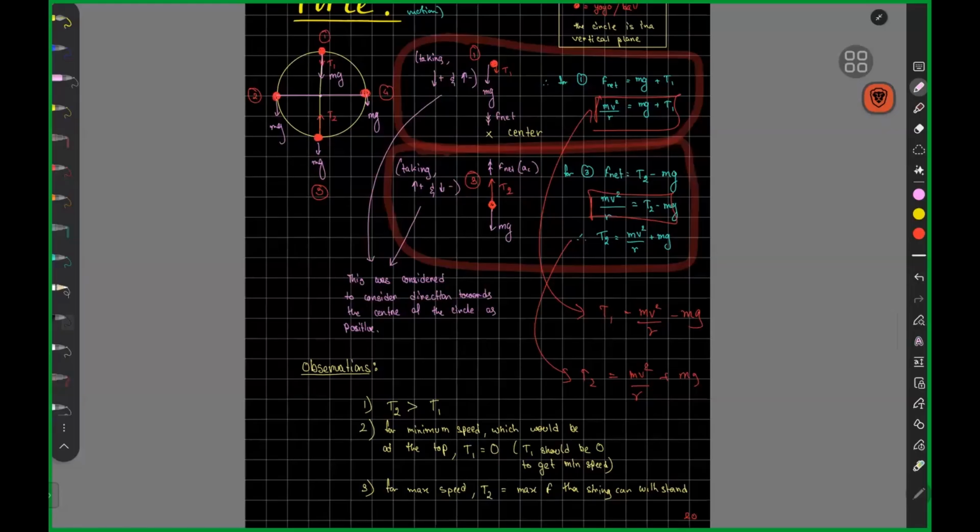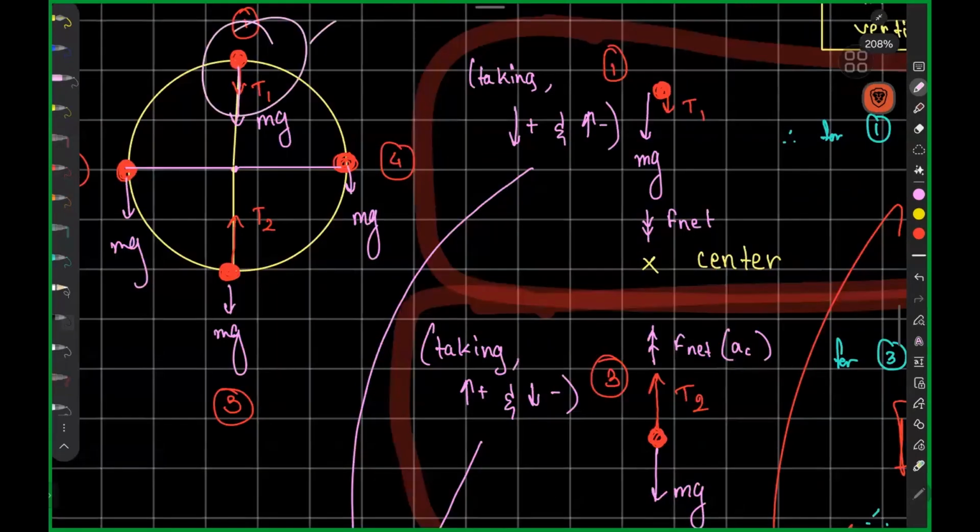And to find the minimum speed for which the vertical circular motion is carried on, it is going to be found out by analyzing this position. Why? I've already explained it numerous times, that this is where the string can get slack.